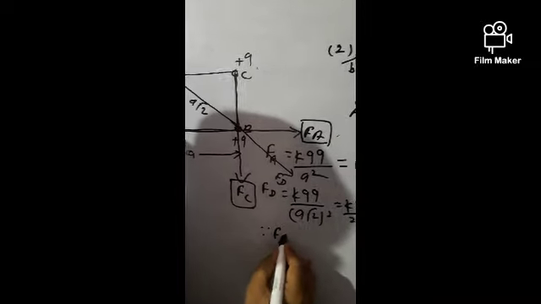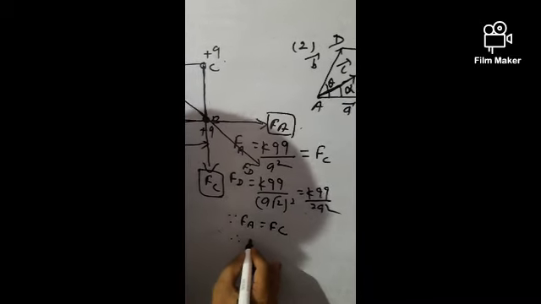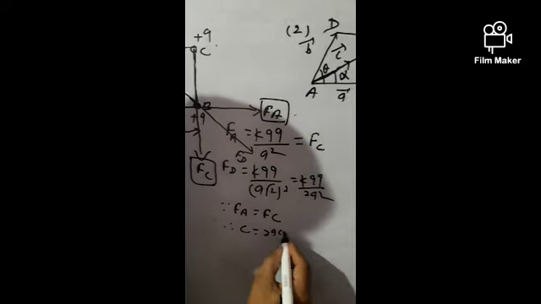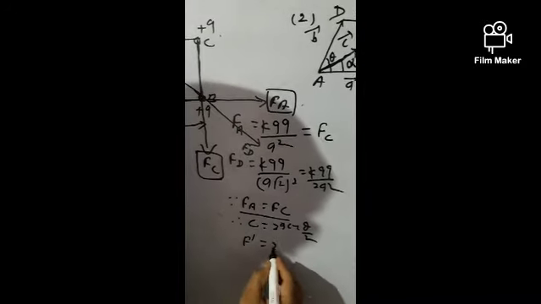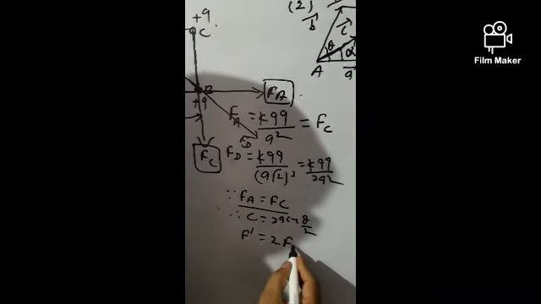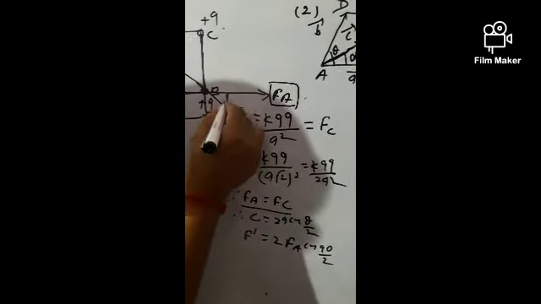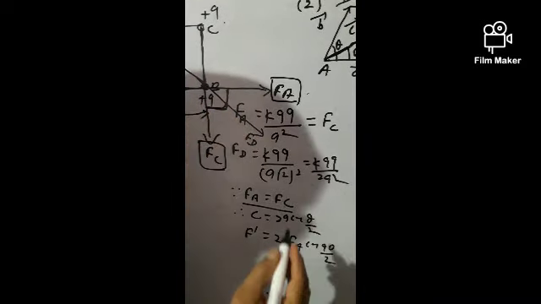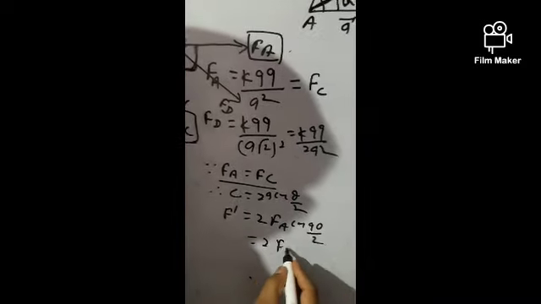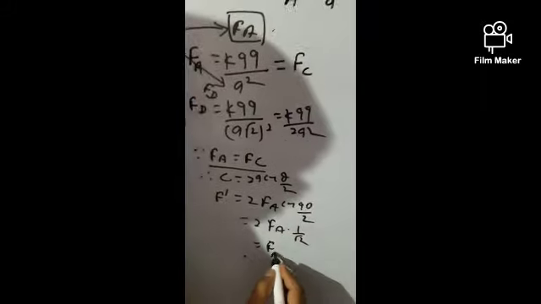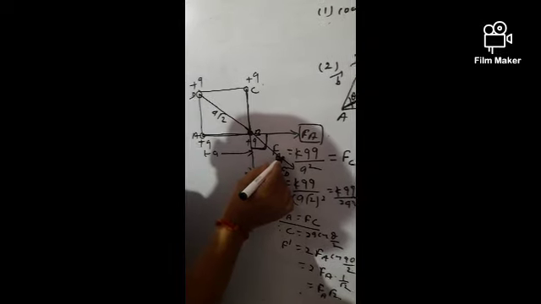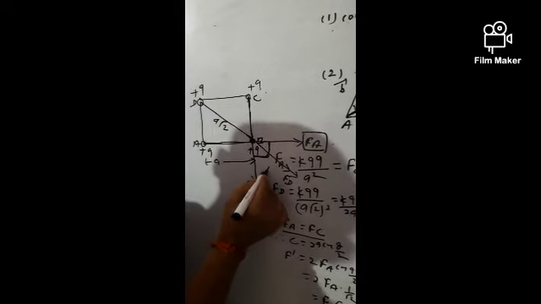Since FA equal to FC, therefore C equal to 2A cos theta by 2 by parallelogram law. Net force of FA and FC, F dash equal to 2 FA cos 90 by 2, because angle between FA and FC is 90 degree. That equal to 2 FA cos 45, means 1 upon root 2, means FA root 2, which is passing through midpoint.